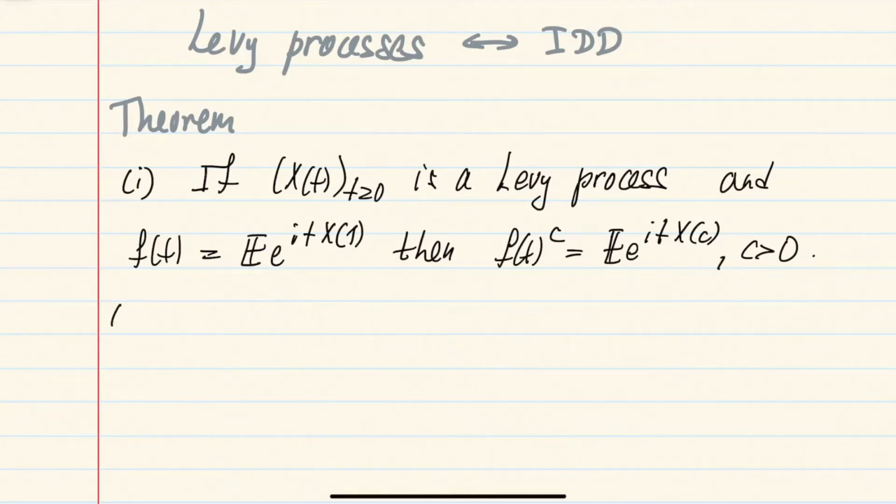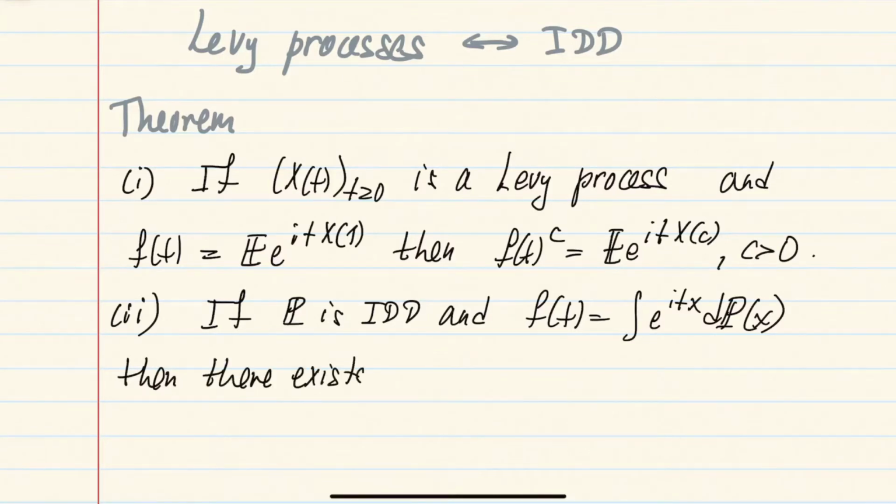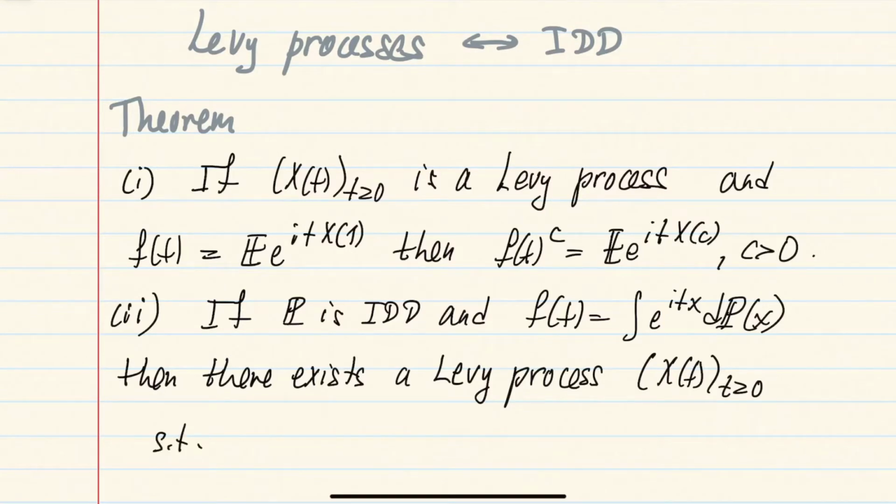Okay, and in the other direction, if you start with an infinitely divisible distribution and you consider its characteristic function, then there exists a Levy process such that this characteristic function or this distribution is a distribution of the Levy process at time 1.